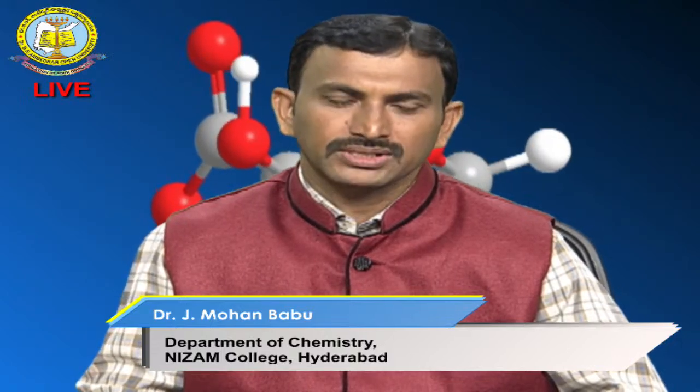So 2 power 4, which is 16, so 16 isomers are possible. Among these 16 isomers, 8 isomers are the D isomers and another 8 isomers are the L isomers. So you can calculate by using the 2 power n formula.